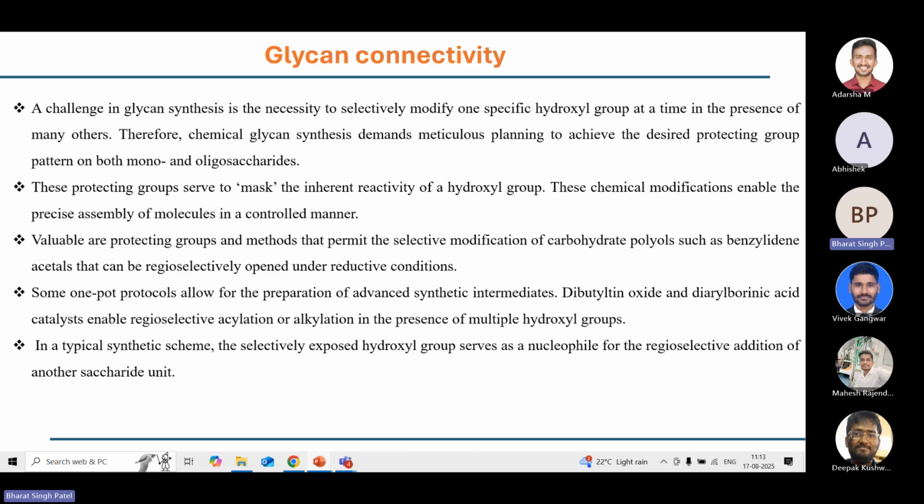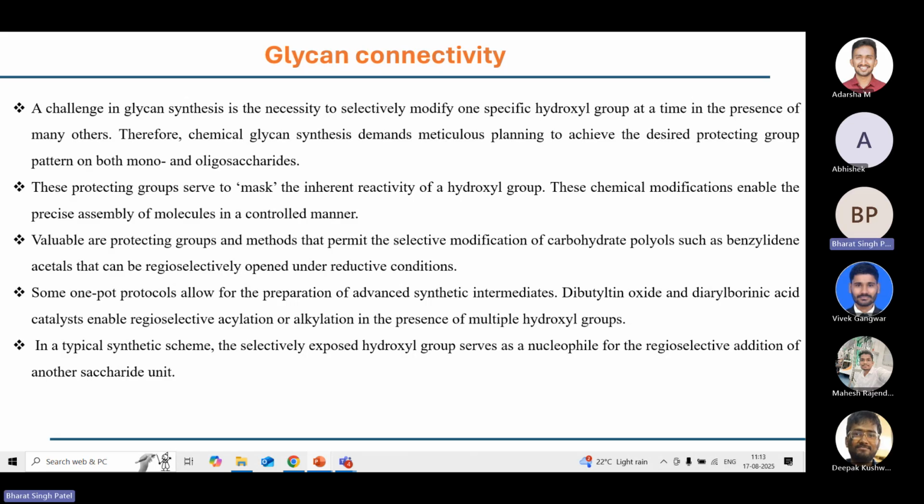So what will happen with the protecting group? The protecting group will mask one or half of the hydroxy groups, or whichever number of hydroxy groups needs to be protected. And further, after the glycosylation, the protecting group can be cleaved in a selective fashion, or complete removal of the protecting groups will lead to the complete glycoconjugate or glycan.